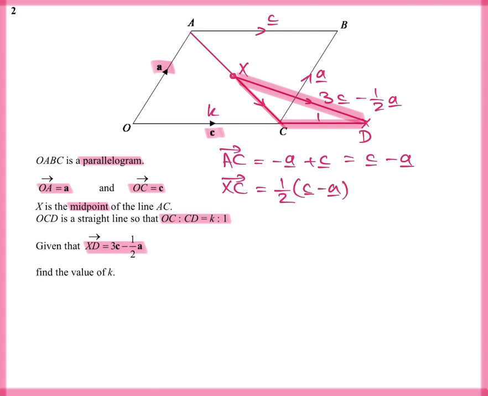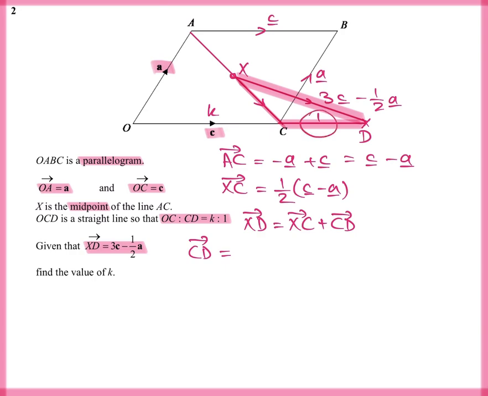Now, to go from X to D, as I mentioned, to go via C, we have to add XC and CD together. So XD is equal to XC plus CD. I already have XC, but I don't have CD, so that's the tricky part really. So CD is equal to one part.